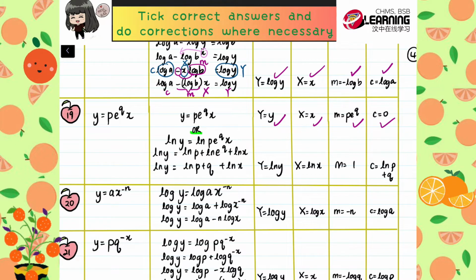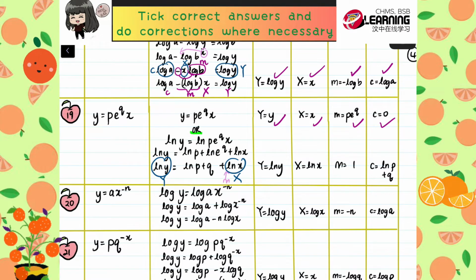Okay, and then I think only a few of you do this one. A lot of you do this one. Of course you can also make it into a linear form in this way. But the thing you need to take note of is that this is your big Y, this is your big X, but your M and your C, your M must be in front of the coefficient of your big X, which is your ln X. So if there's nothing here, it means that your gradient is 1.